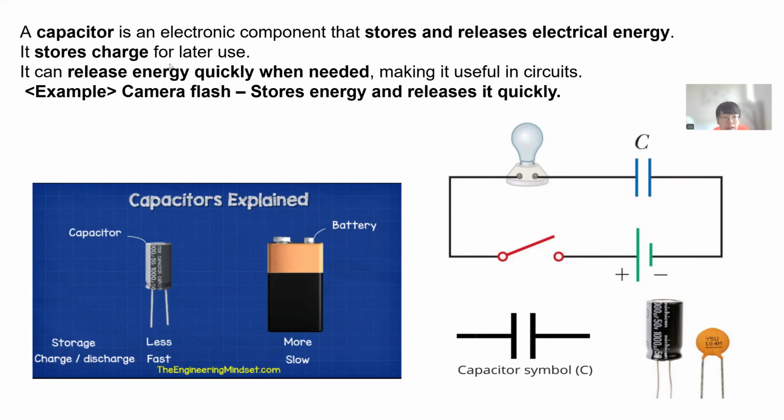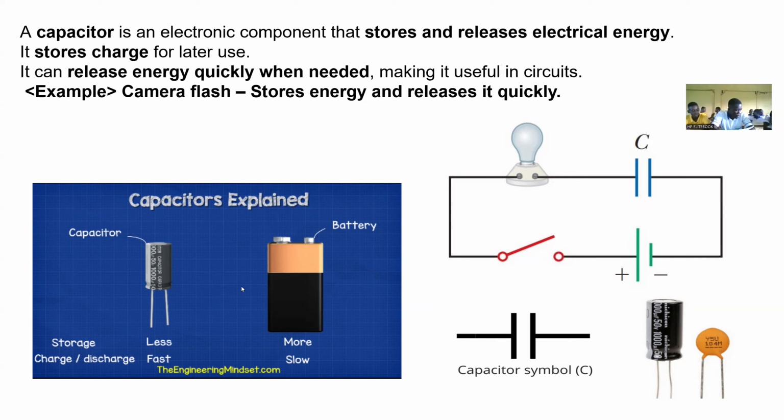So a capacitor is an electronic component, again, that stores and releases energy really quickly. An example is a camera flash. When you have a flash on a camera, it stores energy and releases it really quickly. So here, there's a difference between a battery and a capacitor.